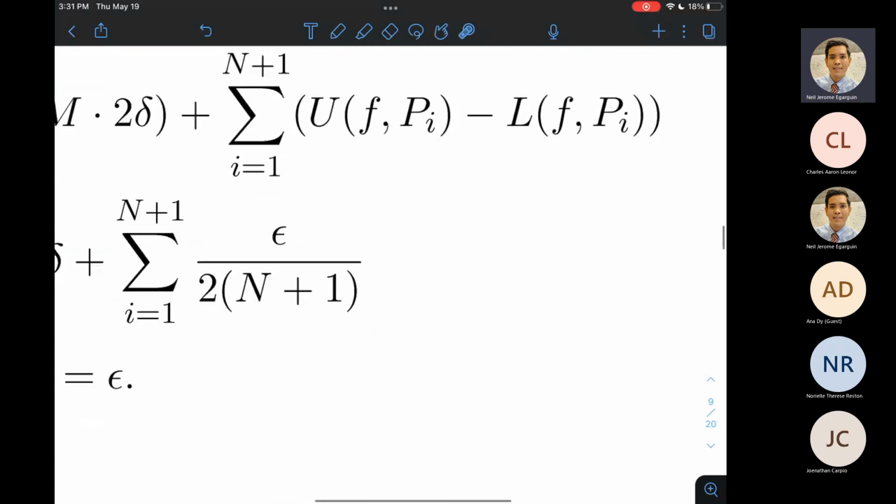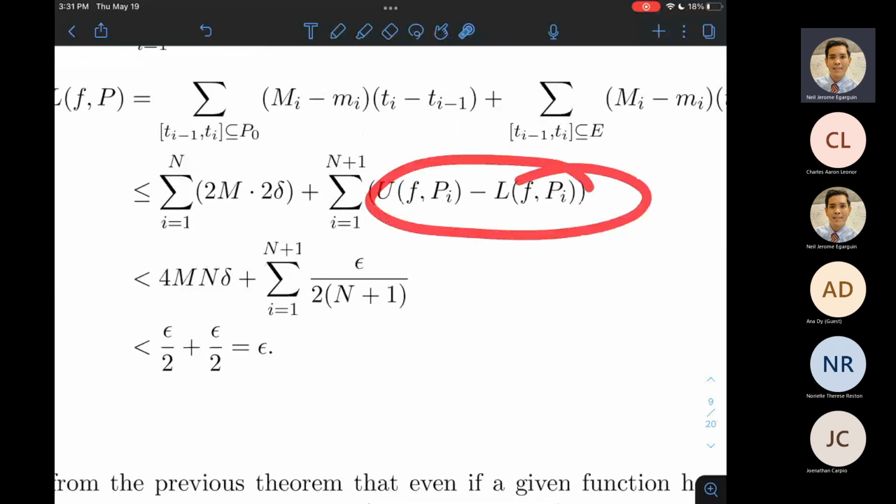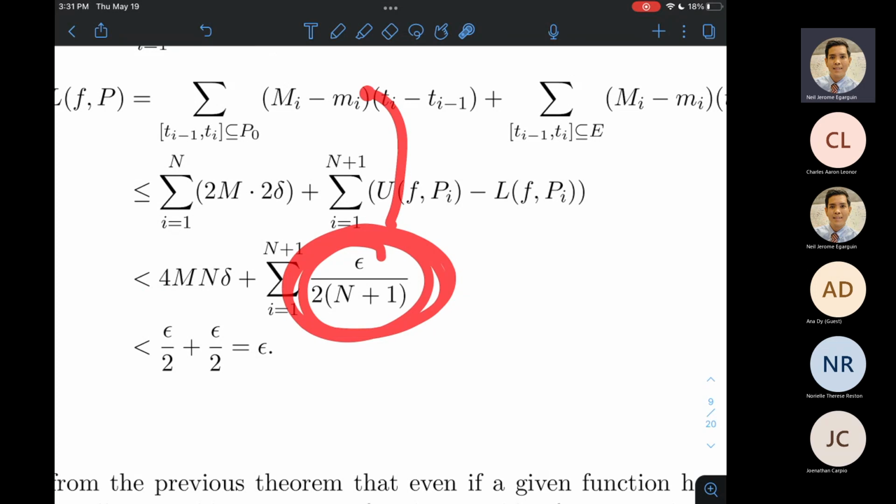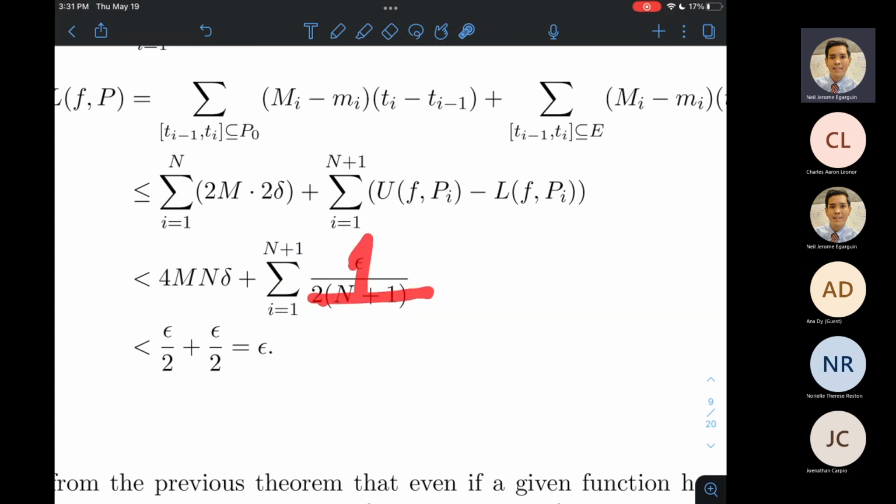So that means this guy will be replaced by this guy and I'll get a larger number. Okay? Tapos ito ay independent ng I. Pwede siyang lumabas ng summation. Matitira lamang ay summation ng ones, I going from 1 to n plus 1.